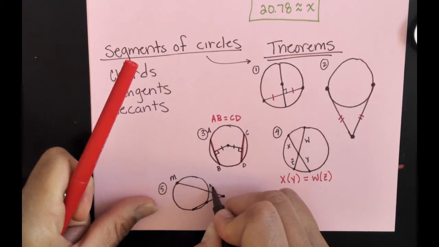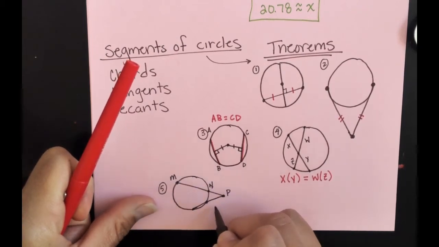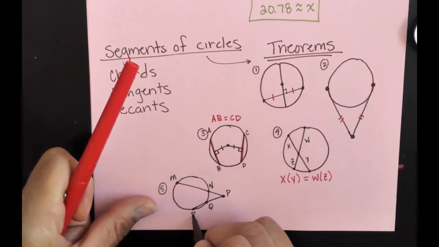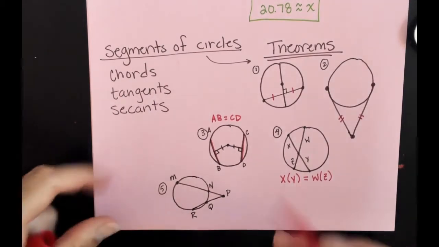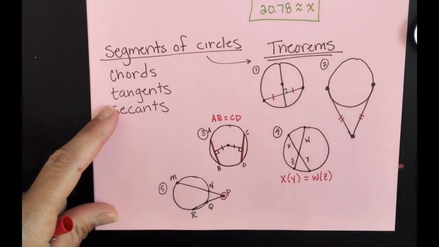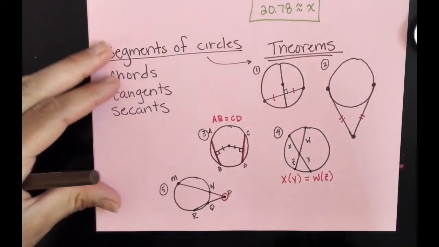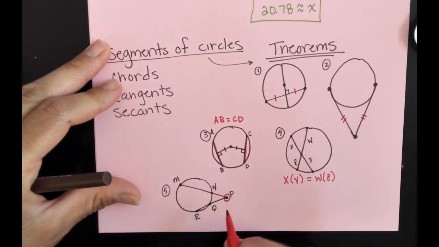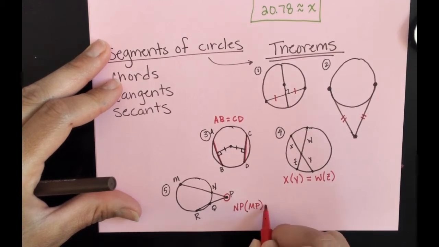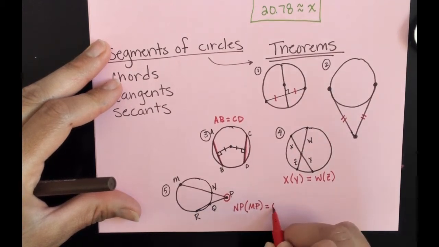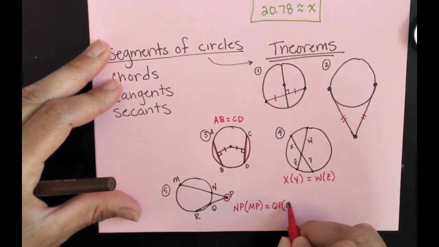M, N, P, Q, R. Again, this one falls outside of the circle. So we talk about outside NP times the full length MP would equal outside QP times the full length RP.